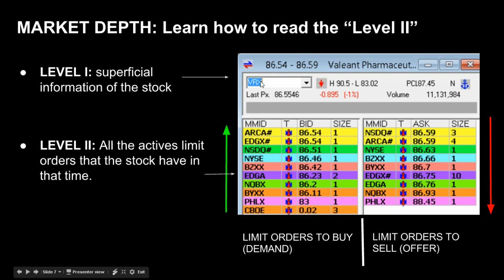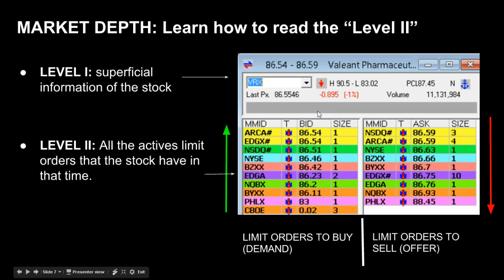Okay, so these numbers that you can see right here are the level 1. We have the last price, the high and the low of the day. We're talking about intraday data. We have the percentage movement, the net movement in cents or dollars, and the volume that the stock has had that day, and that's it.